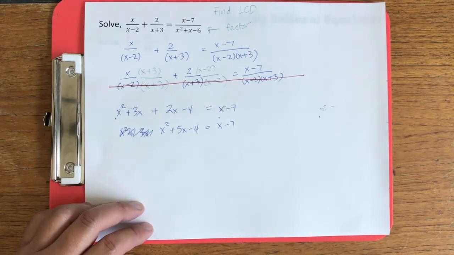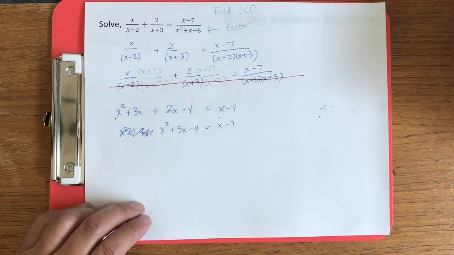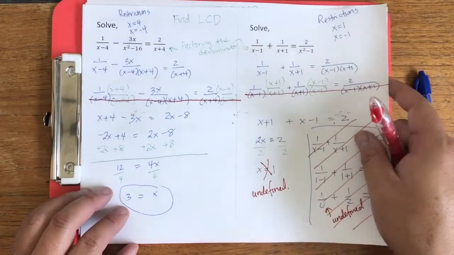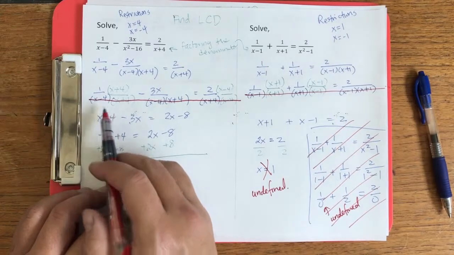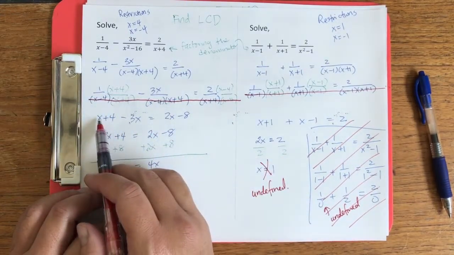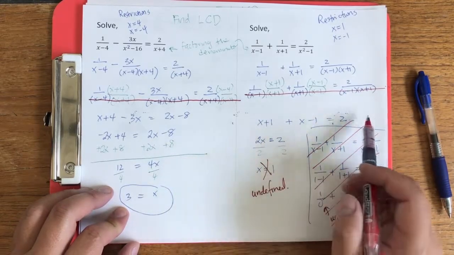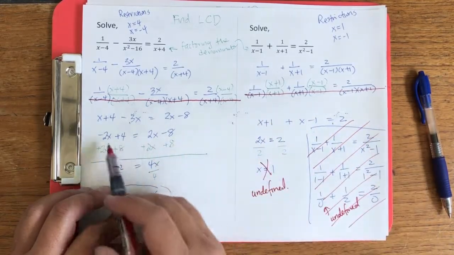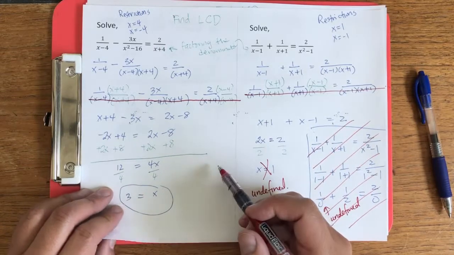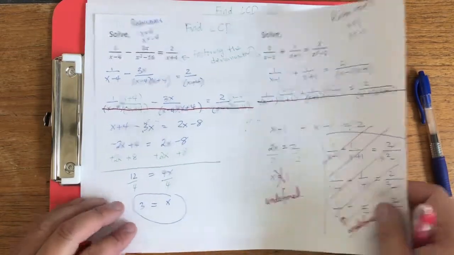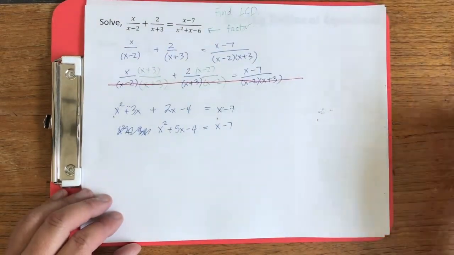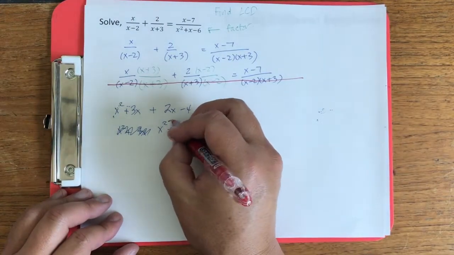So if we look at our previous problem, after we cross out the denominator, nothing here has a square. So when we combine like terms, we solve for x just like we're always happy to solve for x. Now the problem over here is that we have a quadratic here.